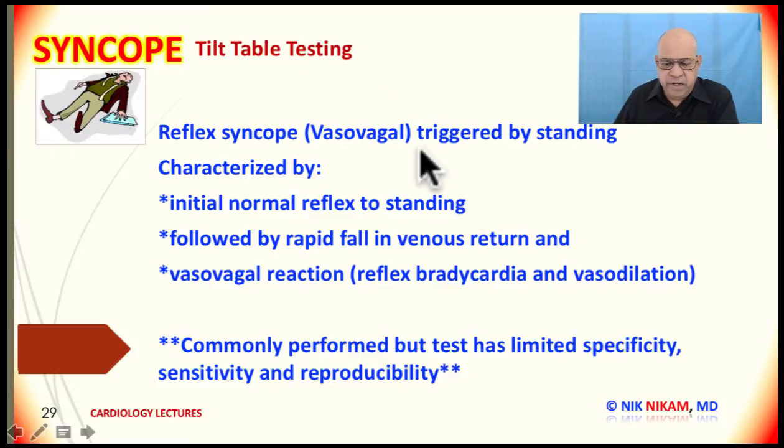By using the tilt table test, the results are characterized by initial normal reflex to standing, followed by a rapid fall in venous return and vasovagal reaction, that is reflex bradycardia and vasodilatation. However, the test is of very limited value because of low specificity, sensitivity, and reproducibility.